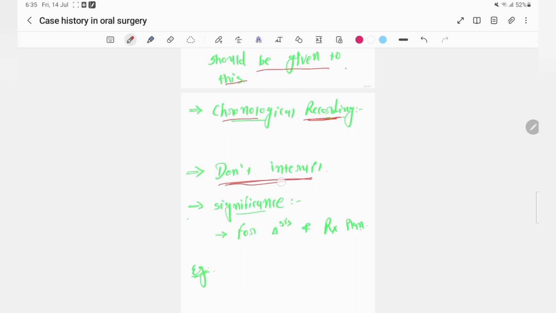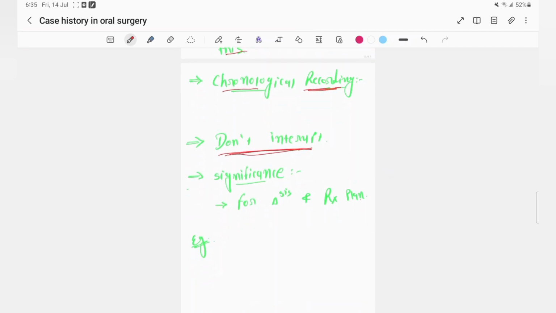And don't interrupt whenever the patient is telling you the chief complaint, because it can change the chief complaint and your diagnosis. Then what is the significance of this chief complaint? It will give you a correct diagnosis and help make a correct treatment plan.